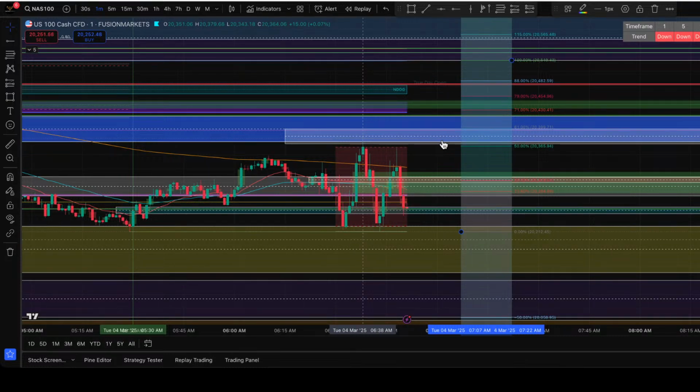Blue zone still untapped, end dog still untapped. Manipulation zone still intact, has not been broken. Here we go, let's see if it breaks it this time. I still trust the manipulation zone.